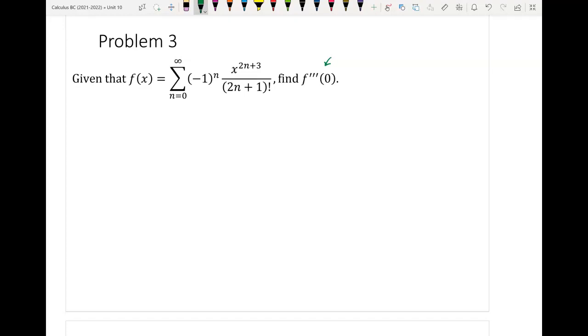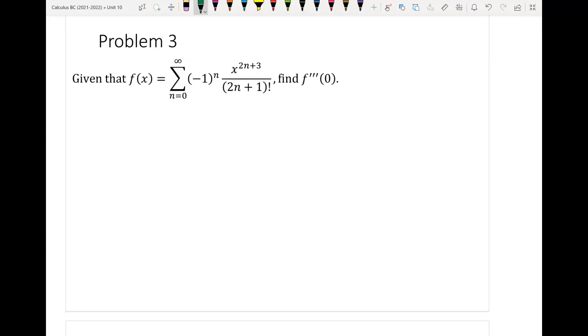You can expand, maybe write the first 3 terms and the nth term, go down to the third derivative and then plug in 0. Or you can just differentiate it within the sigma itself. I'm going to go ahead and do it the expanded way. I feel like that one's just a little bit more clear of what we have.